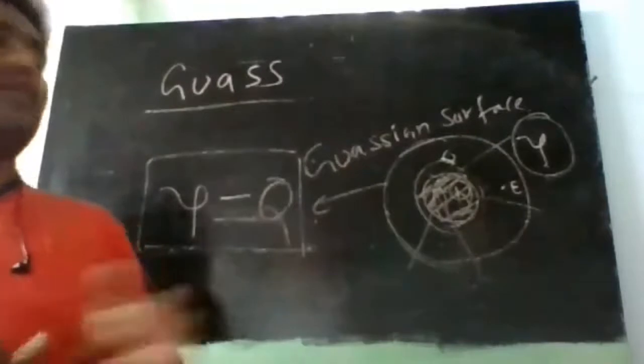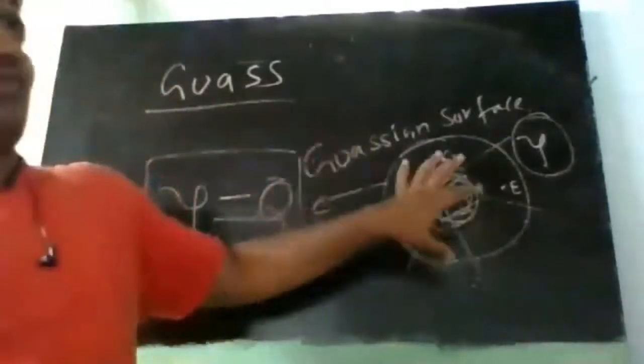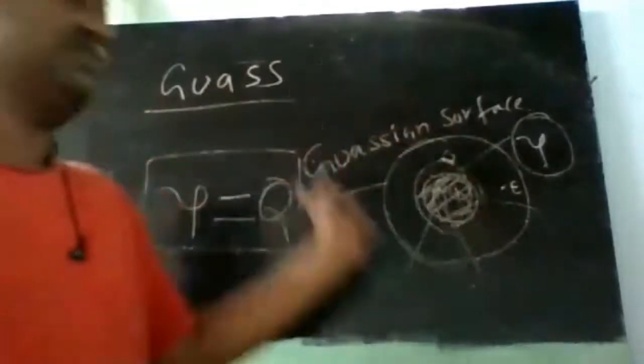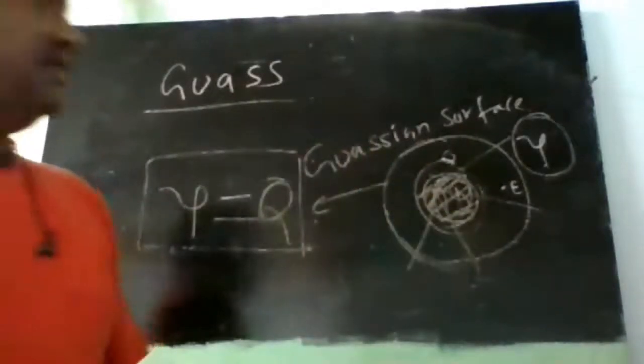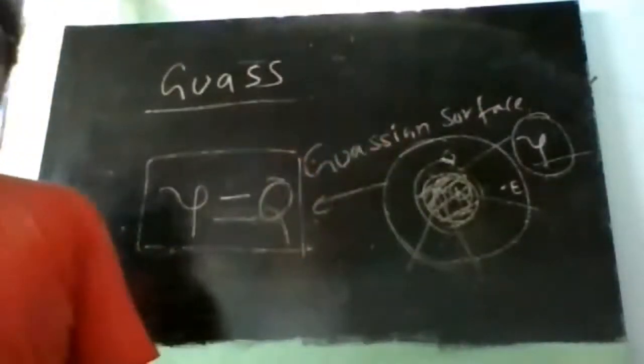So for that, what Gauss has done is, whatever q might be, just take a closed surface around this q. You calculate psi. Psi means the flux coming out of this particular charged body, or you calculate D bar, whichever is convenient.